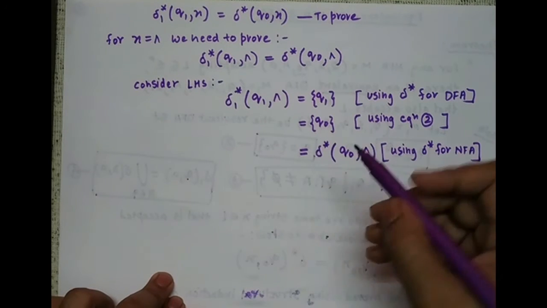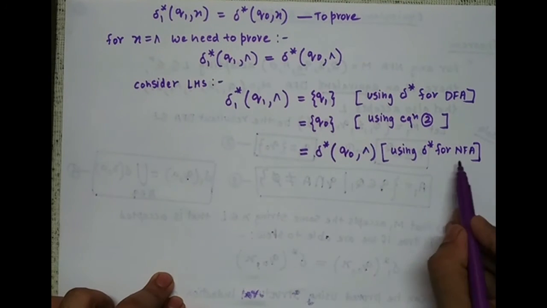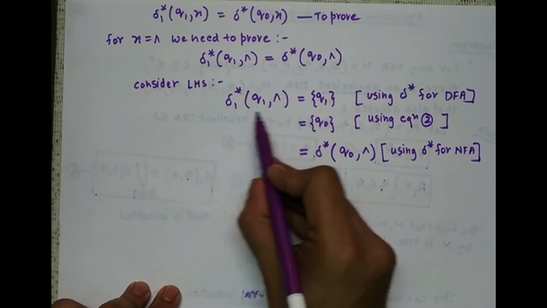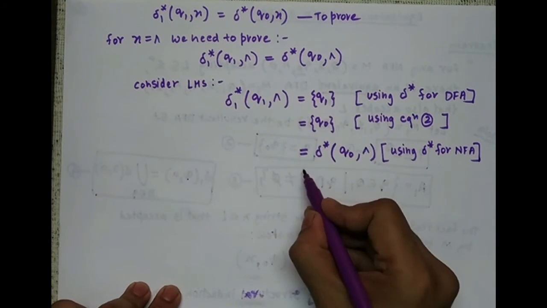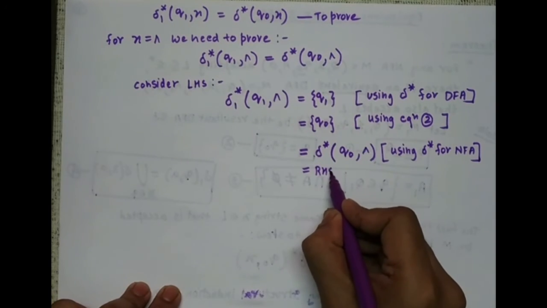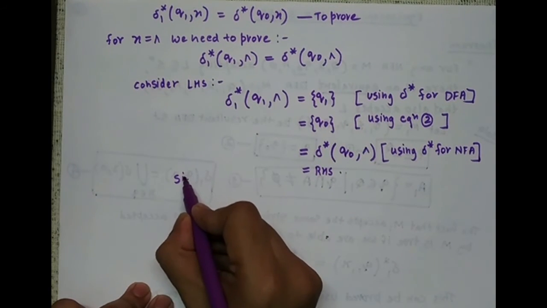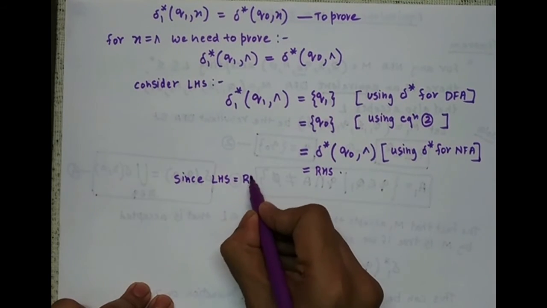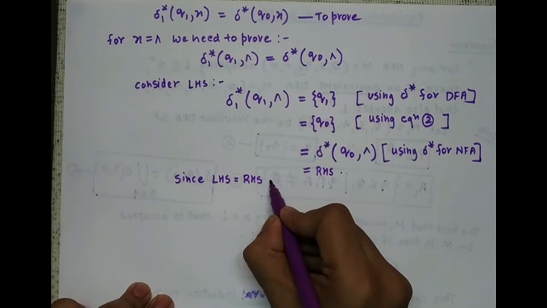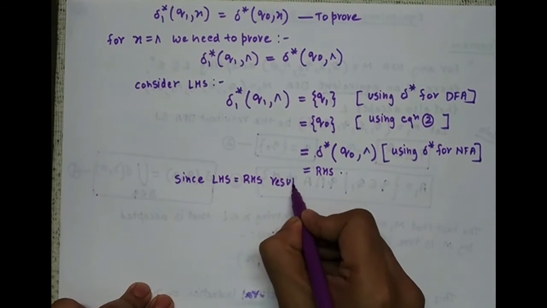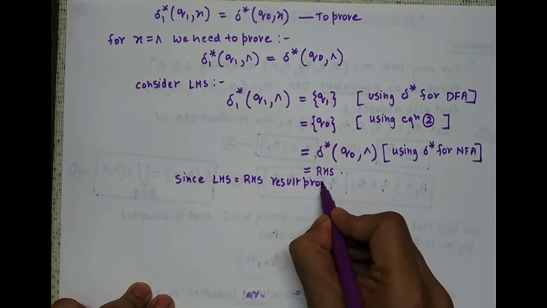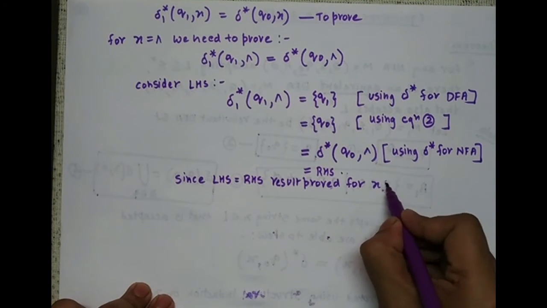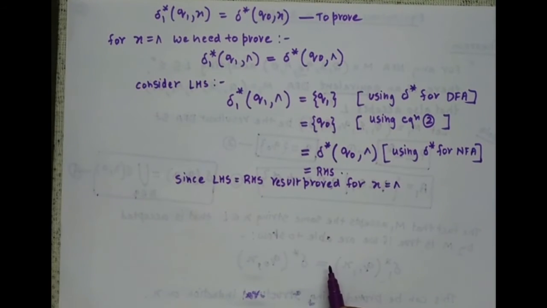So the other way around, Q0 can be written using the del star of NFA as this. So we started with the left hand side. Have we got the right hand side? Yes. So this is equal to the right hand side. Since left hand side equals right hand side, the result is proved for x equal to null, so for the minimum value of x.